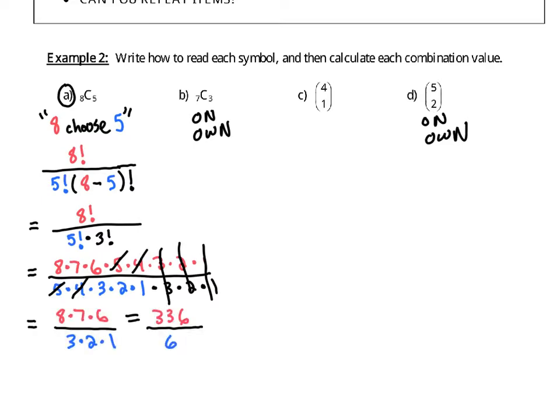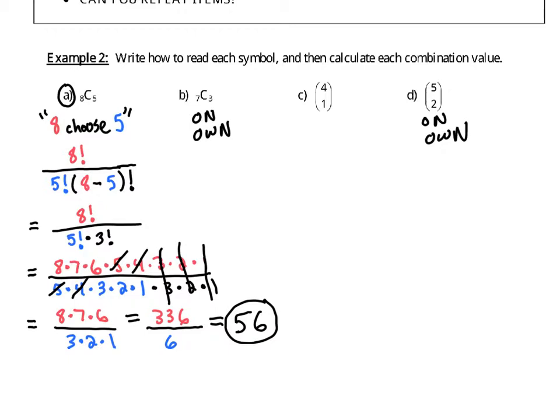Once I cancel out common factors in numerator and denominator, we're simply left with 8 times 7 times 6, which is 336, divided by 3 times 2 times 1, which is 6. So our final answer is 56 total combinations. In other words, there are 56 different groups of 5 that can be created when selecting from 8 objects.